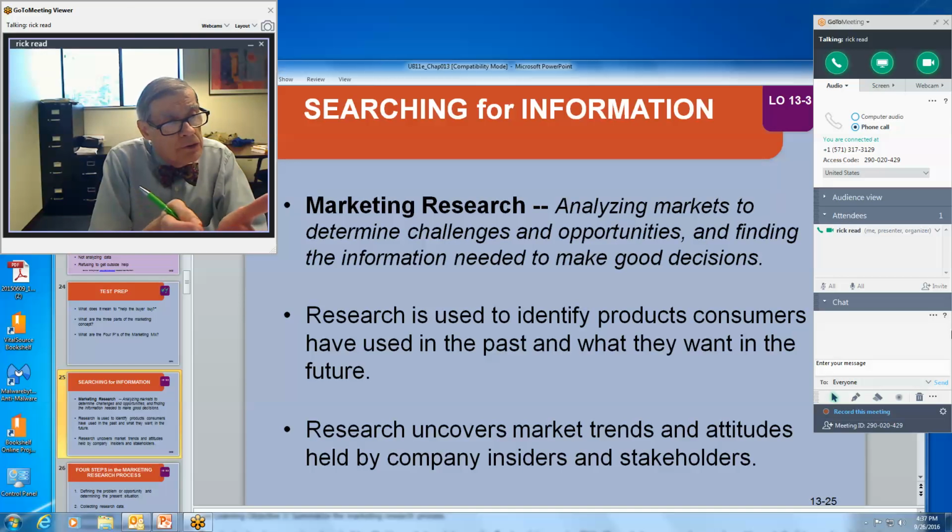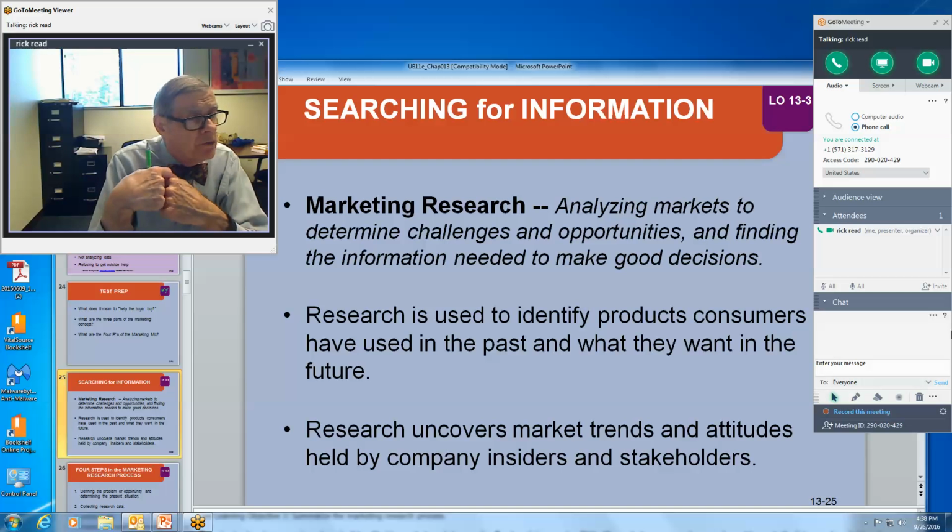So marketers use the research to help them discover what people want or need, what they are looking for that they can't find elsewhere. And it also gives marketers some idea of where that particular target market is moving, what its trends are, what its attitudes are, et cetera.